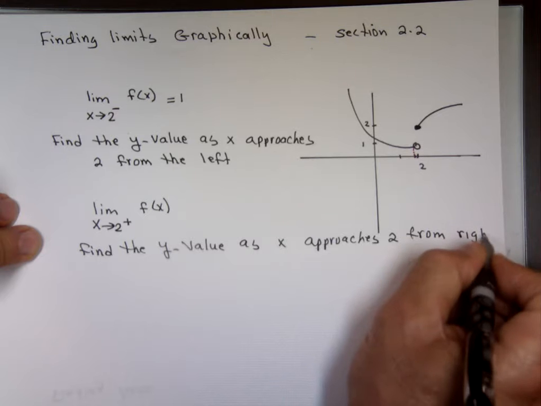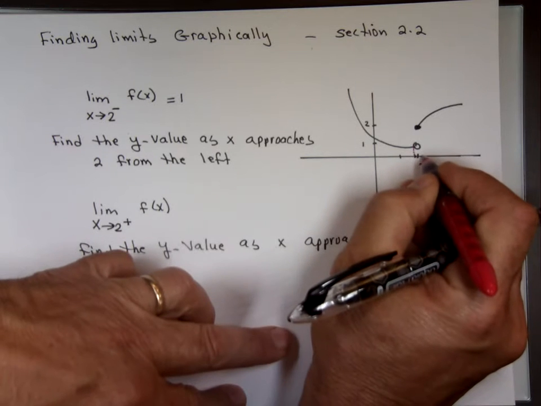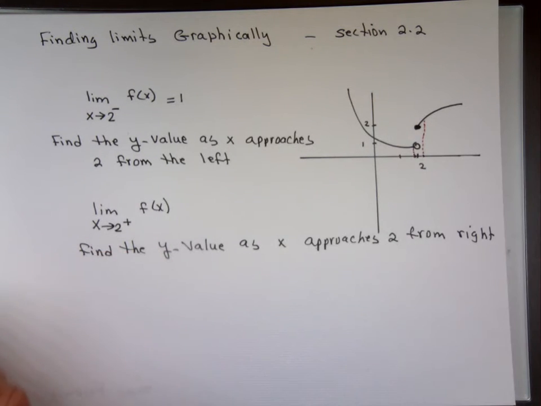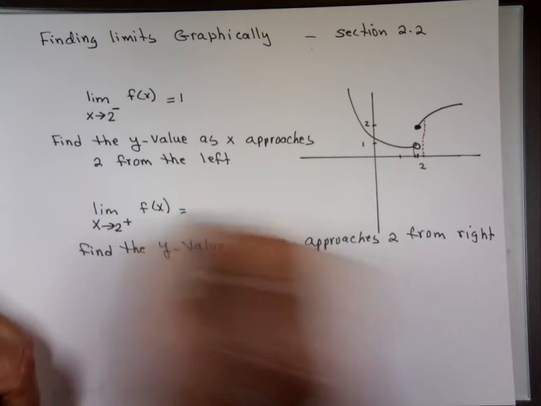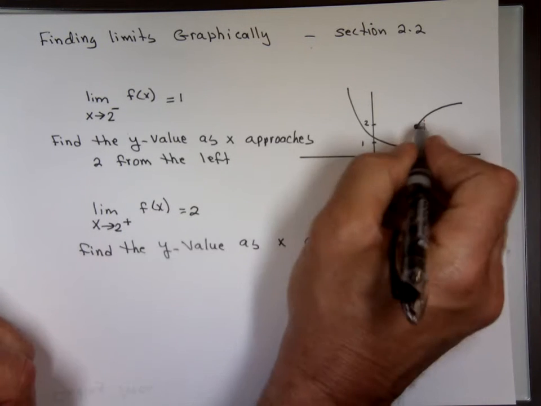I don't have room to write the right, I'll go 2 from right. So as you approach the 2 from the right, you're right here. What is the y value equal to? I'm exaggerating. That looks like a 2. I put the line farther, usually it would be closer to that. So the y value is going toward the 2.